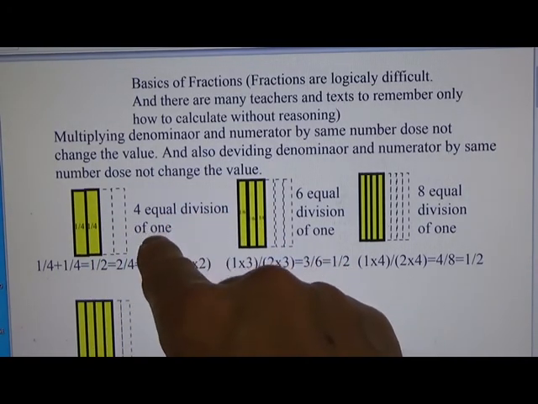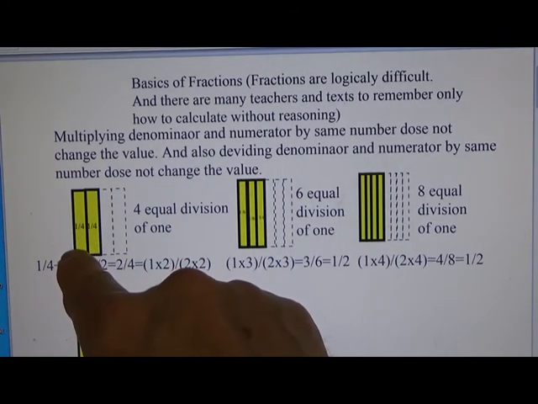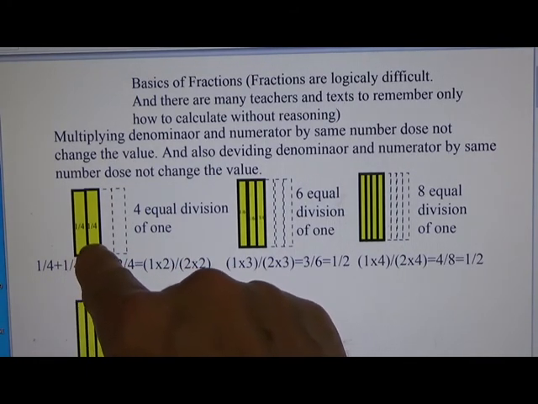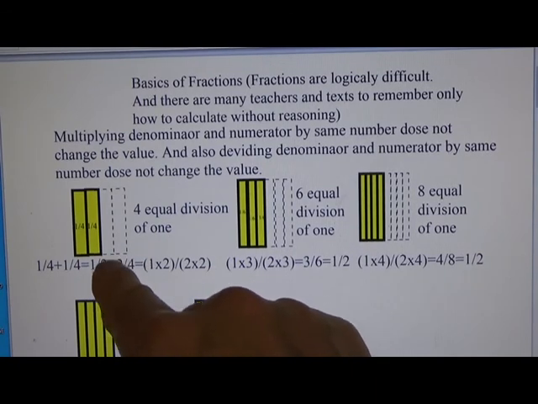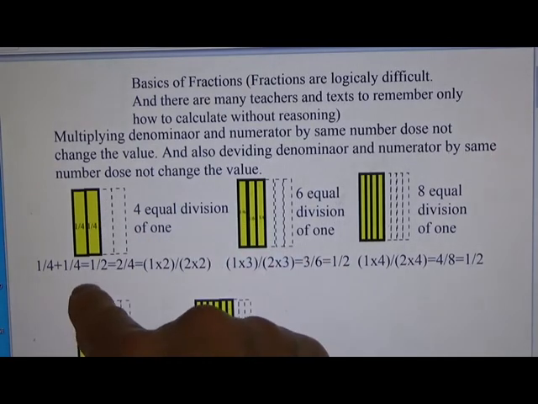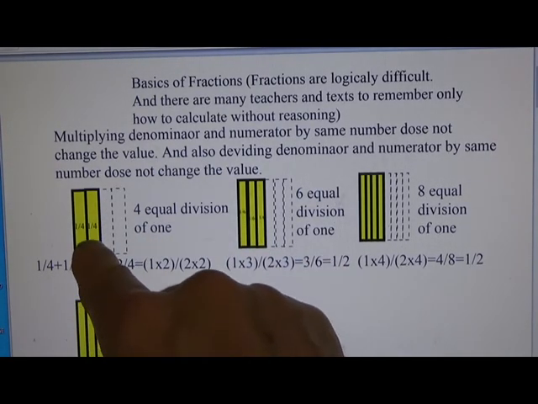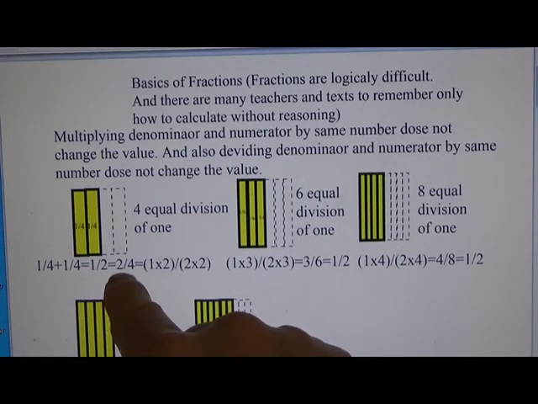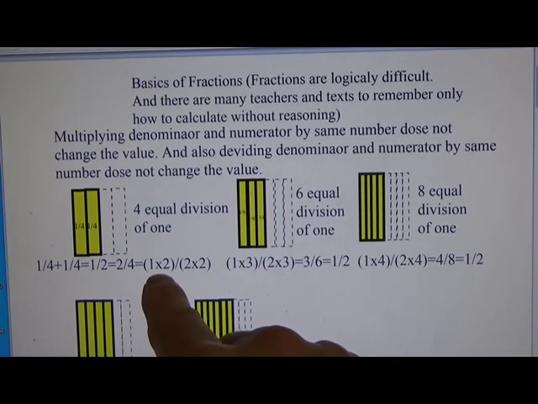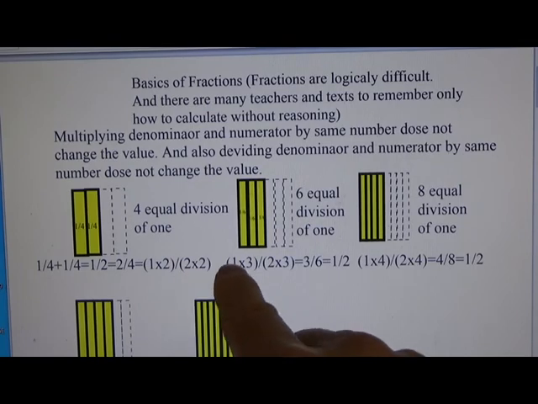A 4 equal division of 1 is shown, this is 1/4, and 1/4 plus 1/4 is equal to 1/2. That is 2/4, that is 1 multiplied by 2 divided by 2 multiplied by 2.